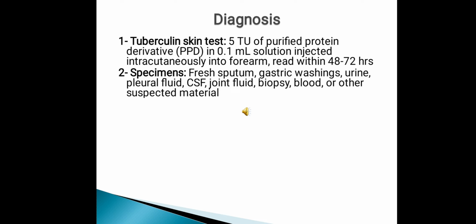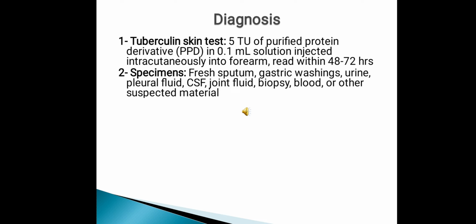And if we take sputum, for example, which is thick, we need to make it less solid. So we add a component called N-acetyl-L-cysteine.